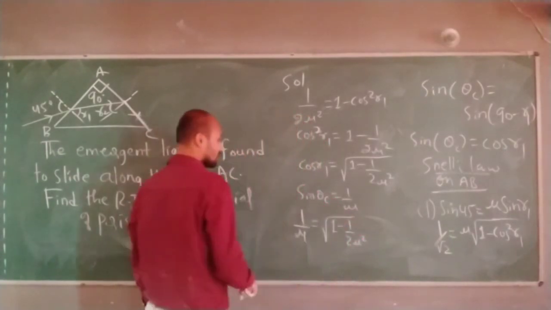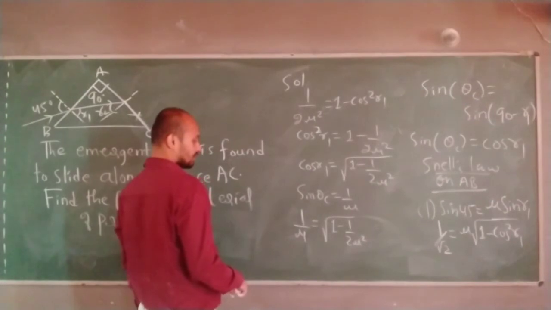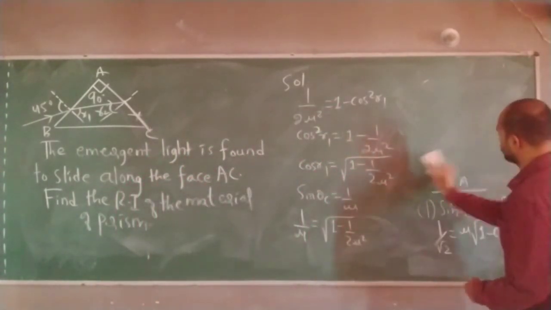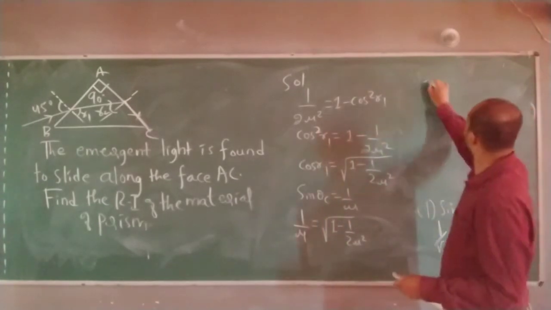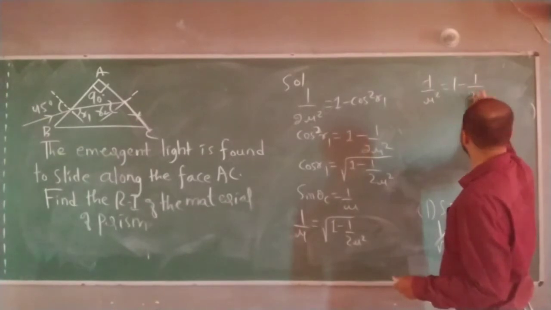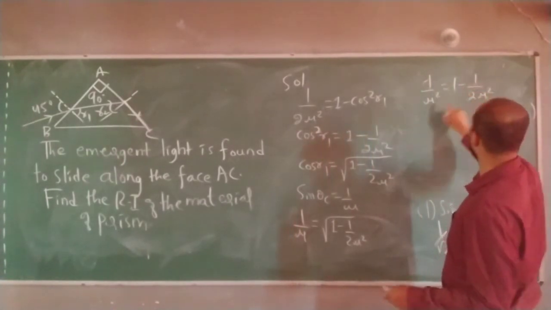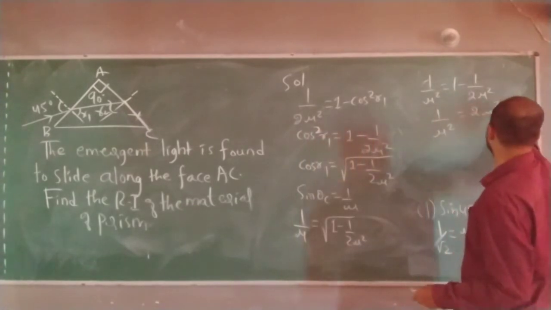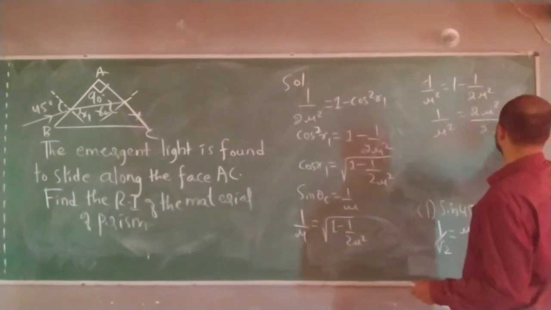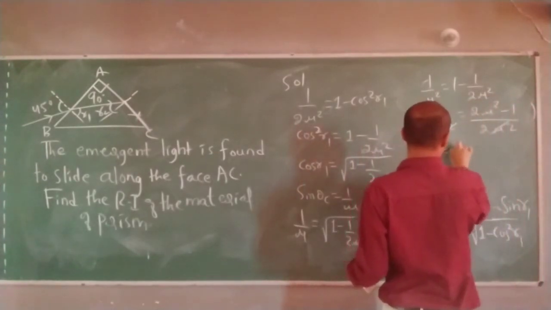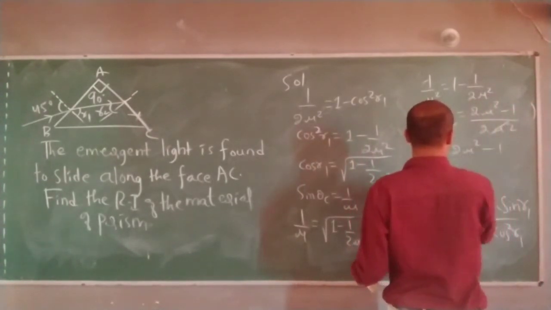If I square both sides, I get 1 by mu square is equal to 1 minus 1 by 2 mu square. So mu square is equal to (2 mu square minus 1) divided by 2 mu square. Mu square cancels: 2 is equal to 2 mu square minus 1.